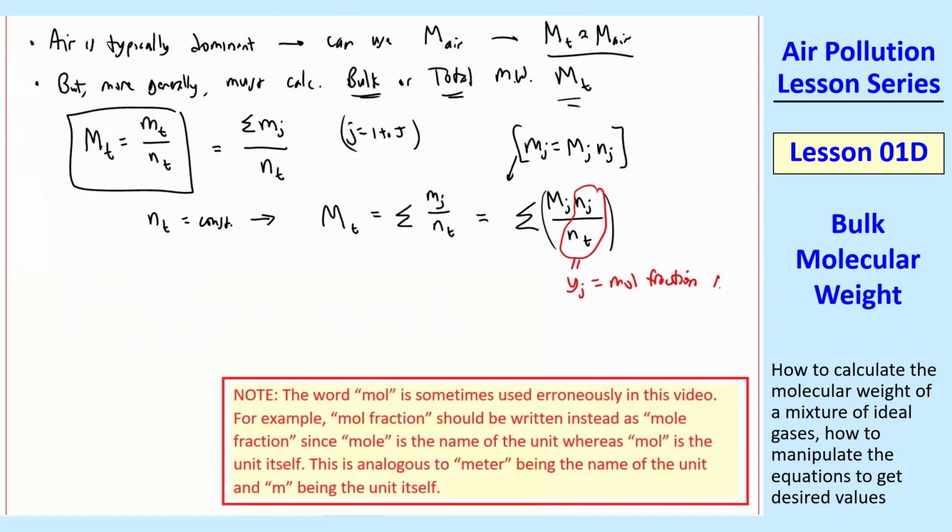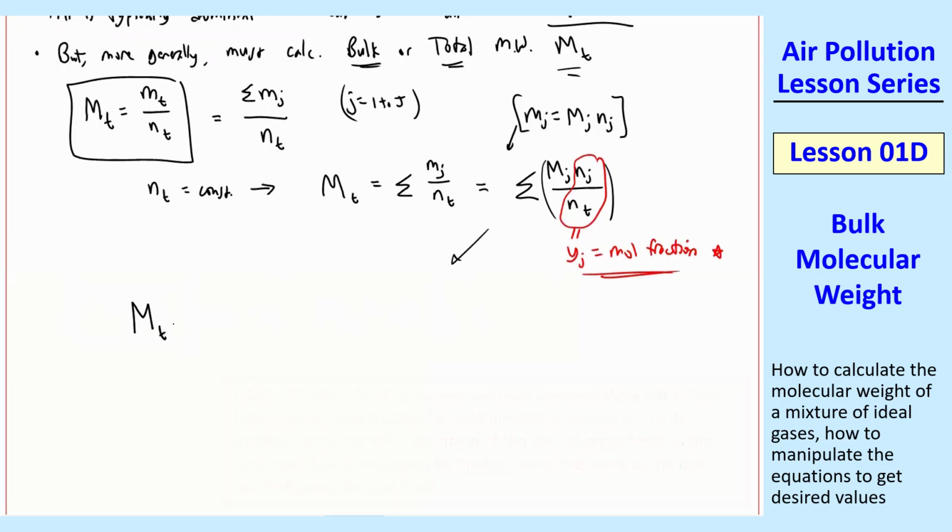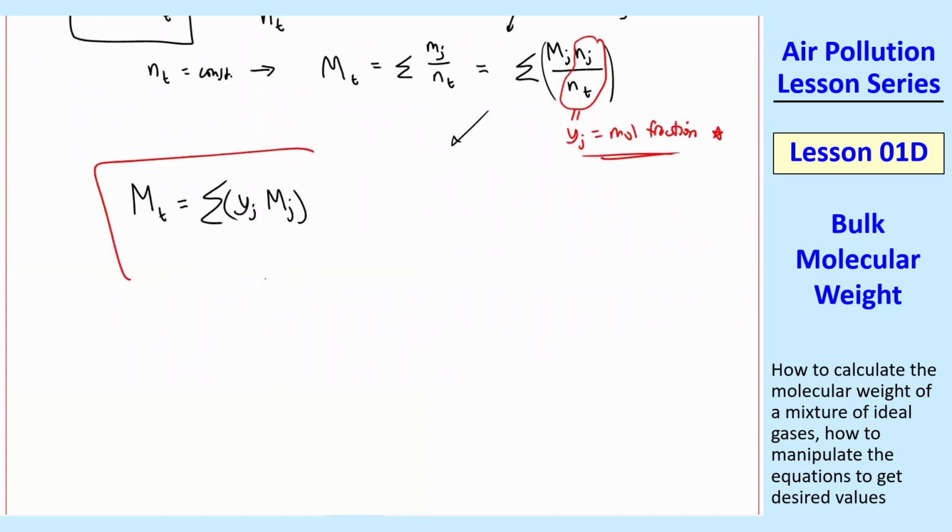You can get mixed up between N's and y's and M's and all that, but once you do this enough, you'll remember these and it'll become very obvious what we're talking about. But remember, y is the mole fraction. So finally, we get that the bulk molecular weight or total molecular weight is sigma y_j M_j. That's our final equation for the molecular weight.